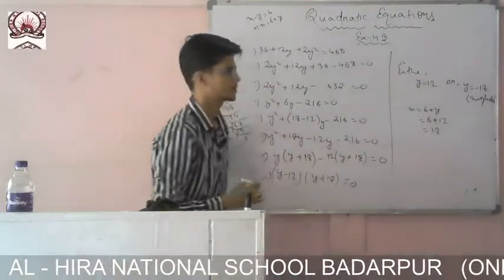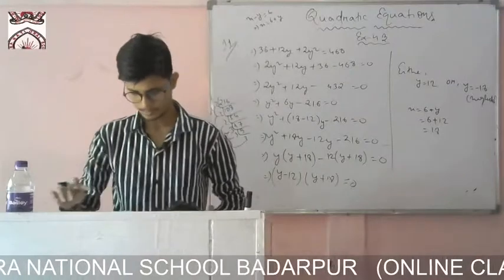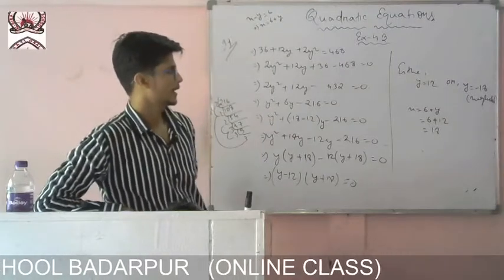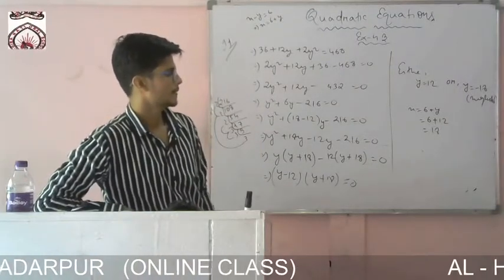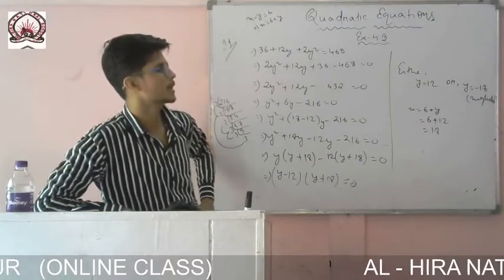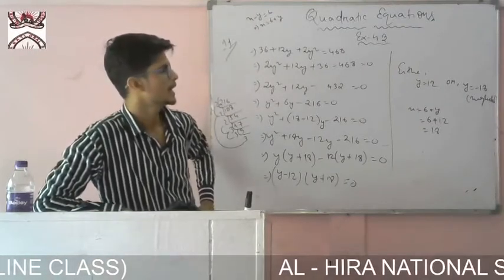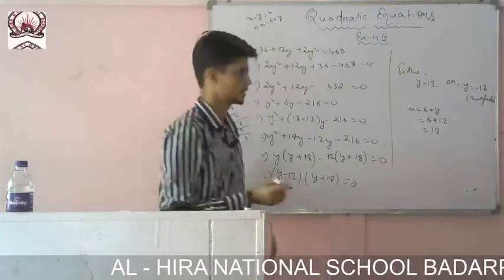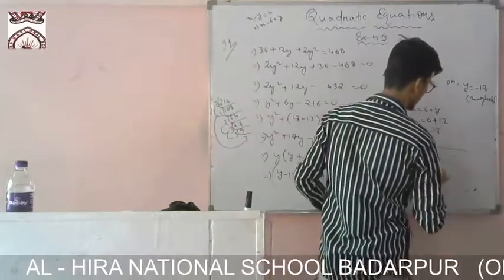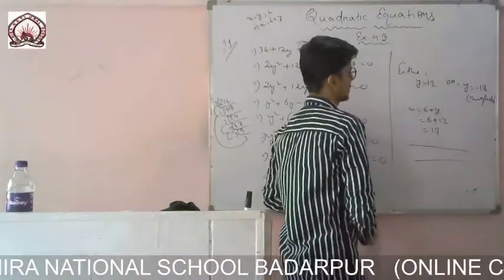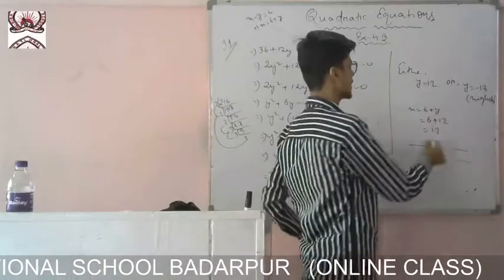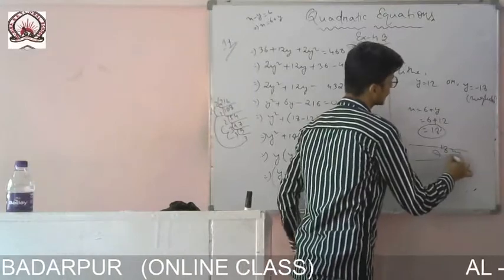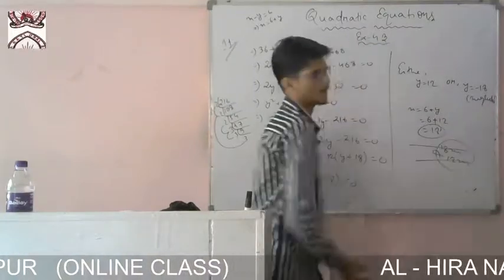Okay, so now you write: therefore, the two sides of the square are 18 meter and 12 meter. x will come first, so 18 meter and 12 meter. Write this last line, or else you may not get the full marks. So this is our answer.